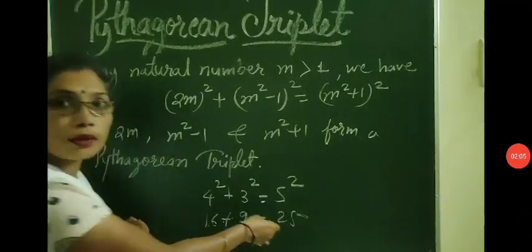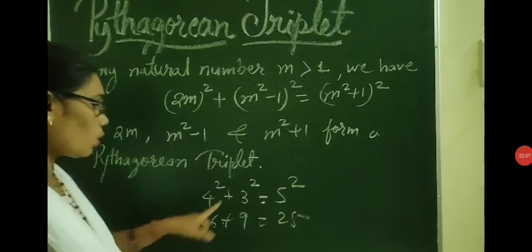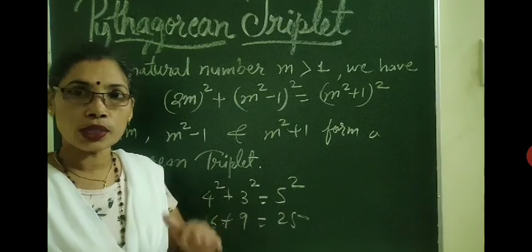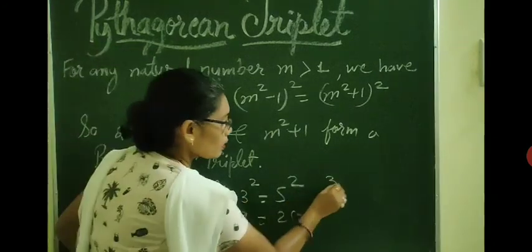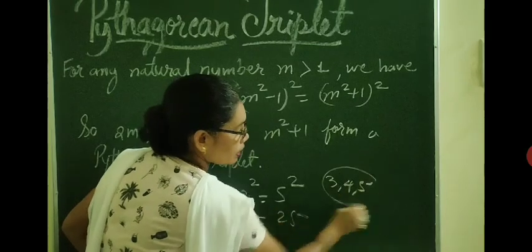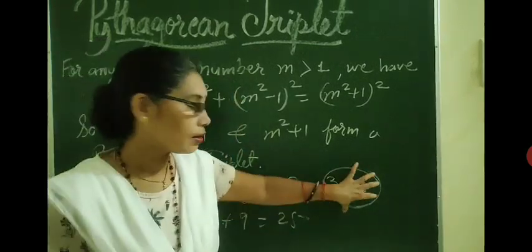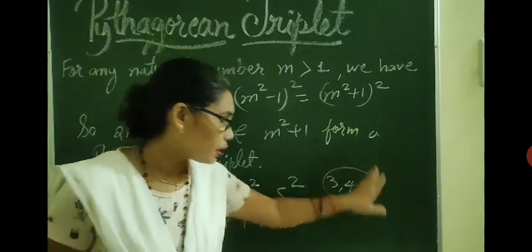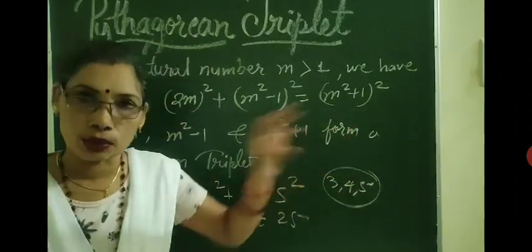It is also 25. So 4, 3, 5, or in sequence 3, 4 and 5, the set of 3 numbers is a Pythagorean triplet.